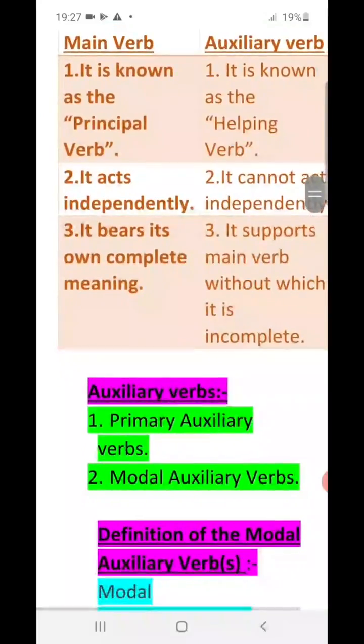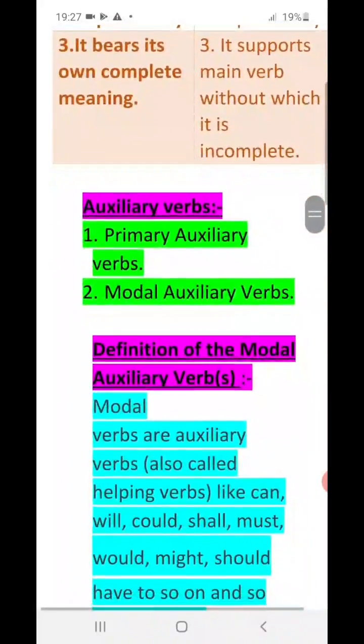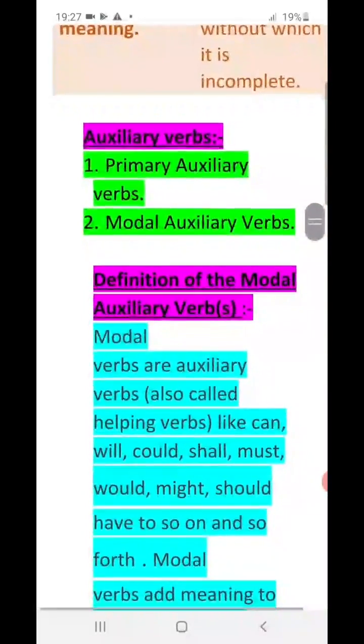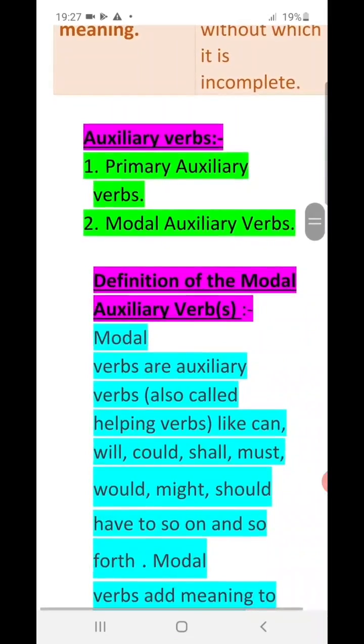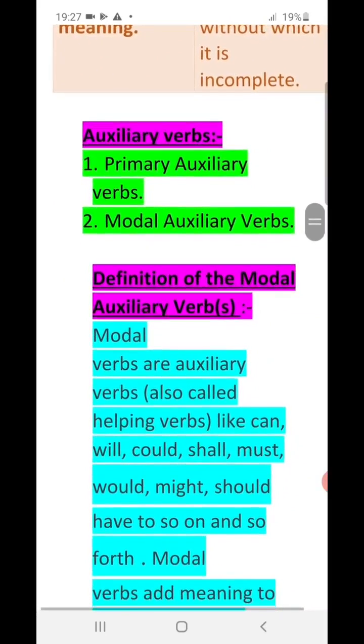Next, auxiliary verbs are basically of two types: primary auxiliary verbs and number two, modal auxiliary verbs.